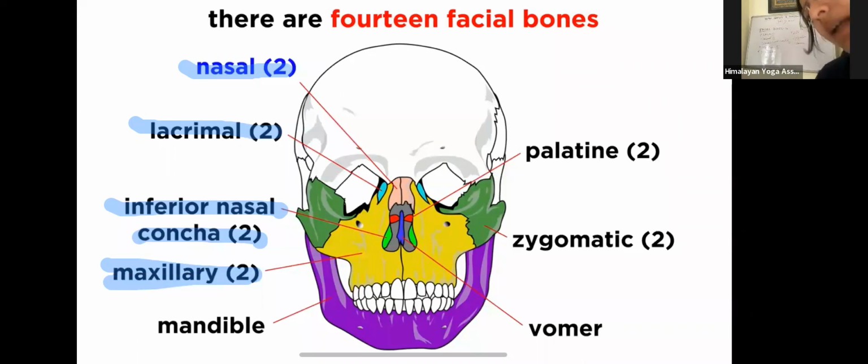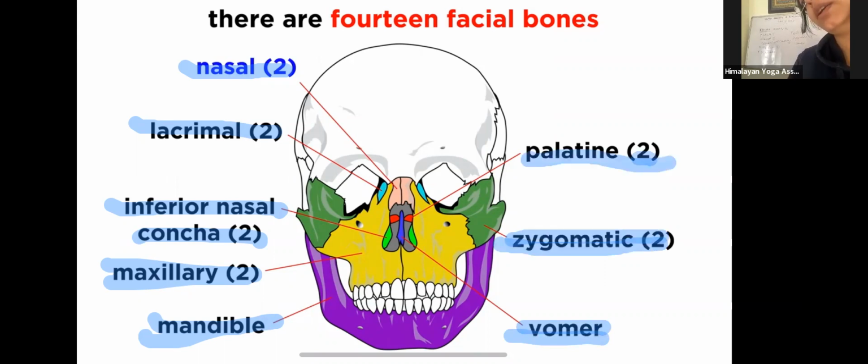This is important because here our teeth, our jaws are fixed. Then we have mandible. Mandible is the movable bone. Because of this mandible, we are able to eat, we are able to talk. Then we have vomer, zygomatic, where we put our highlighter, and palatine, a very small bone.